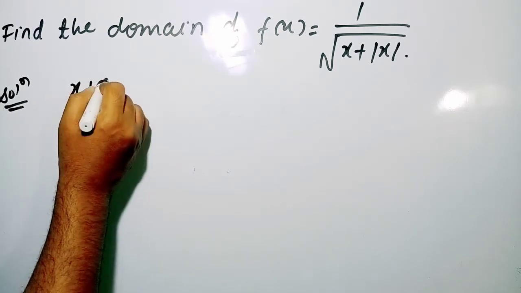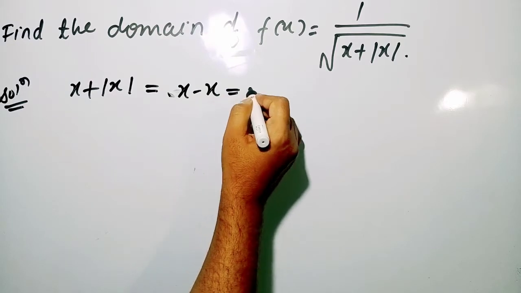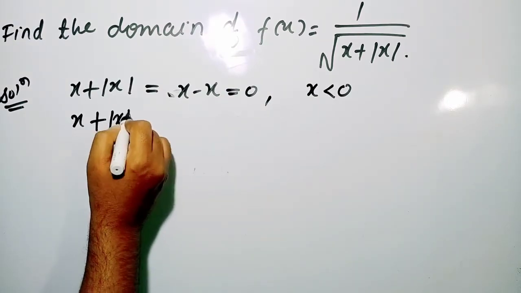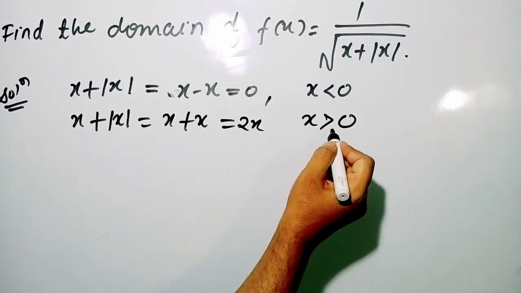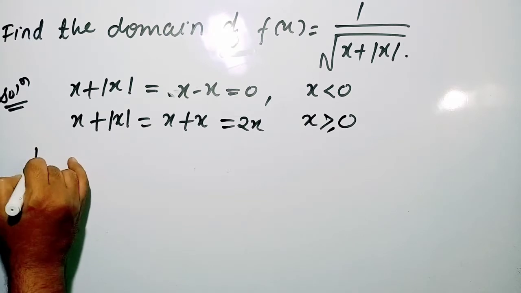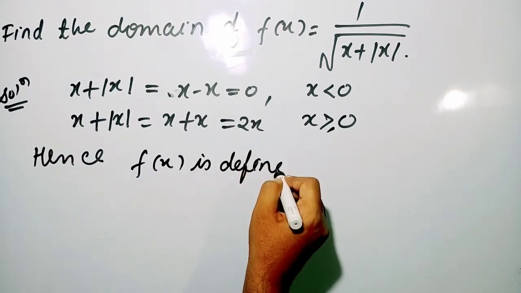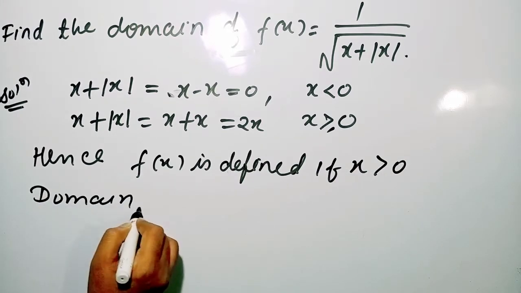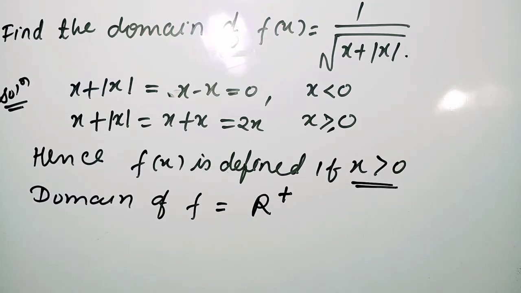Here, students, you can see that x plus modulus x can be written as x minus x is equal to 0 if x is less than 0, and x plus x, that is 2x, if x is greater than 0. Thus here we can see that f of x is defined if x is greater than 0. So domain of f is R plus.